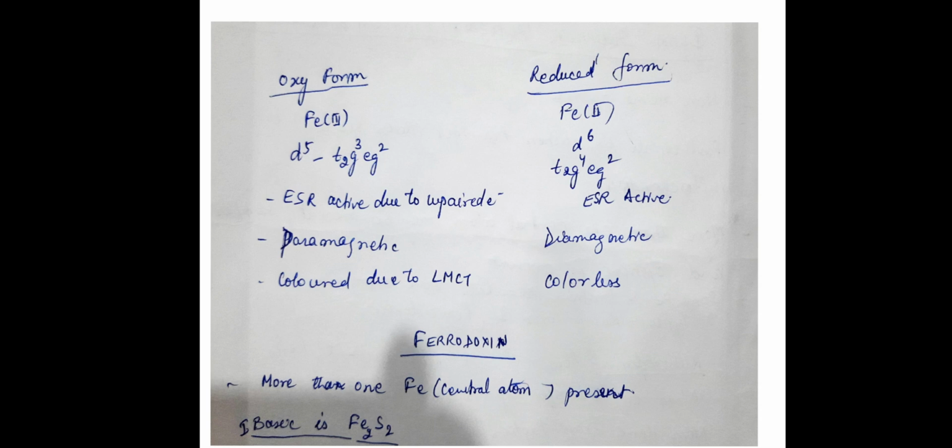Now next we take ferredoxin. What is ferredoxin? It is a protein having more than one central iron atom present. The basic general formula is Fe2S2. These are called plant ferredoxins, electron transfer agents, or you can say electron transport agents.